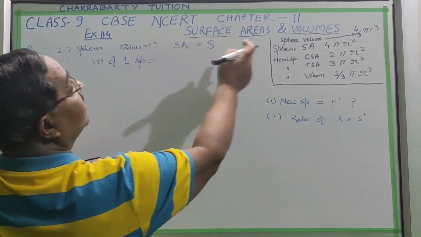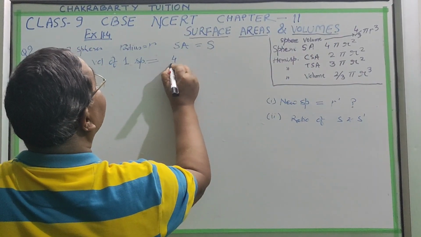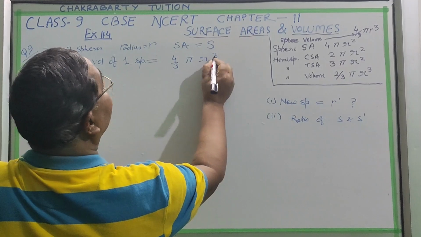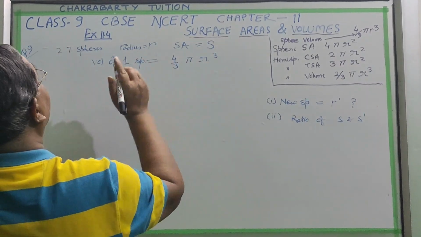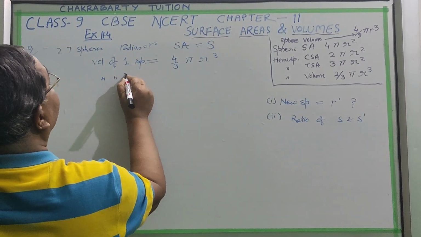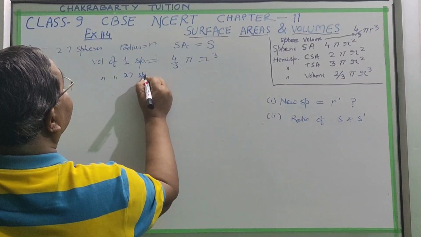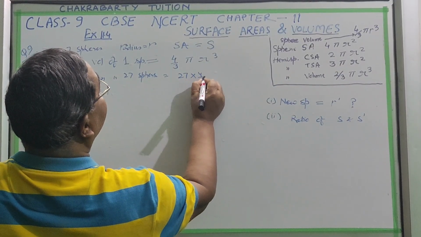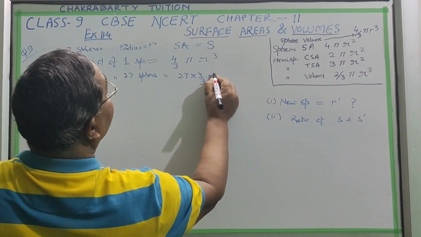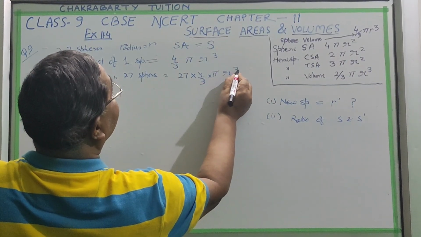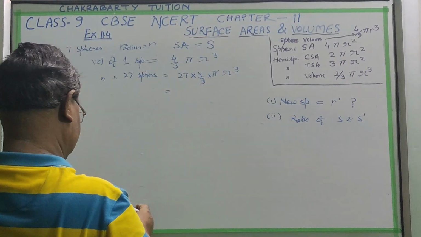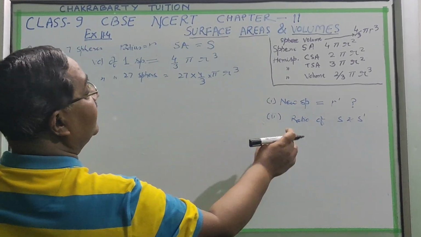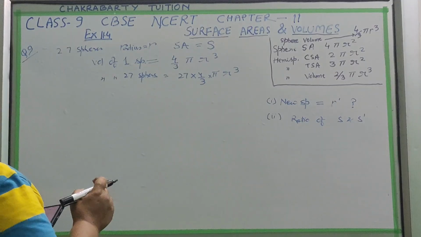Volume of one sphere will be 4 by 3 pi r cube. So volume of 27 spheres is equal to 27 into 4 by 3 into pi r cube. And now this is melted, and a new sphere is made.